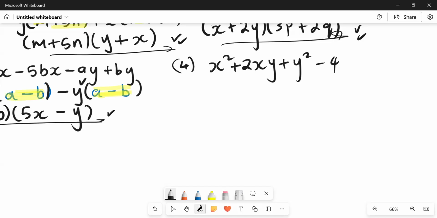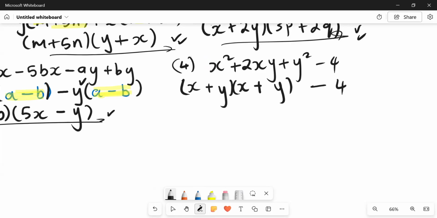But there's one thing that I see here. It's this part here, where I can just factorize using a standard factorization. Open two brackets, x and x, y and y, plus and plus, and then you drop down your minus 4.